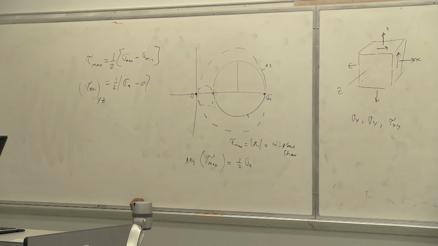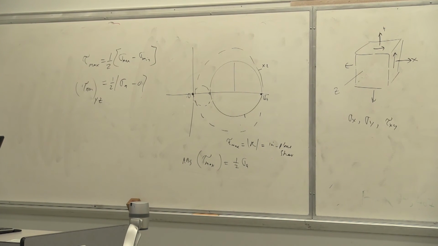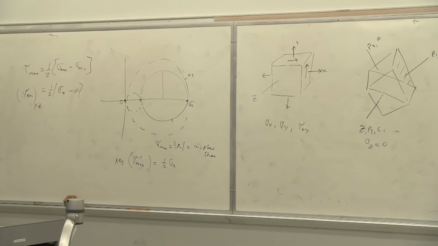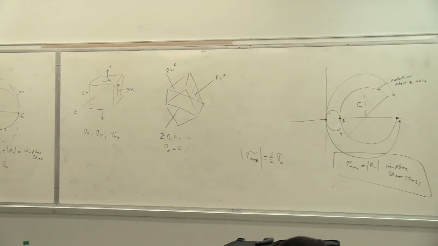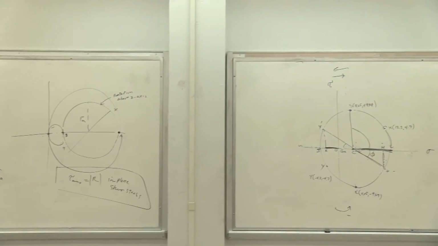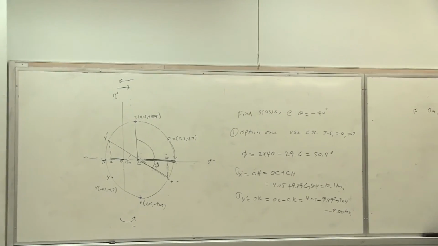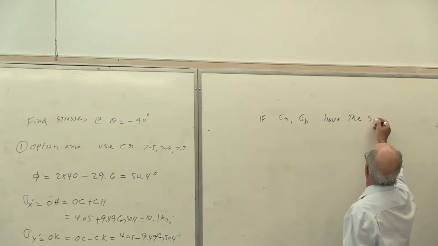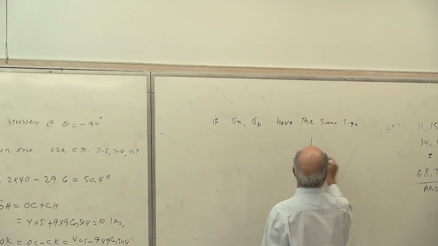All you have to do is the following. Please write the rule down. Actually, it is much, much simpler when you do this homework. And if I had time, I would do an example, but we're out of time and I will do the example next time. Write down in your notes: if sigma A and sigma B, the two original principal stresses, have the same sign, this is the scenario I just did for you.